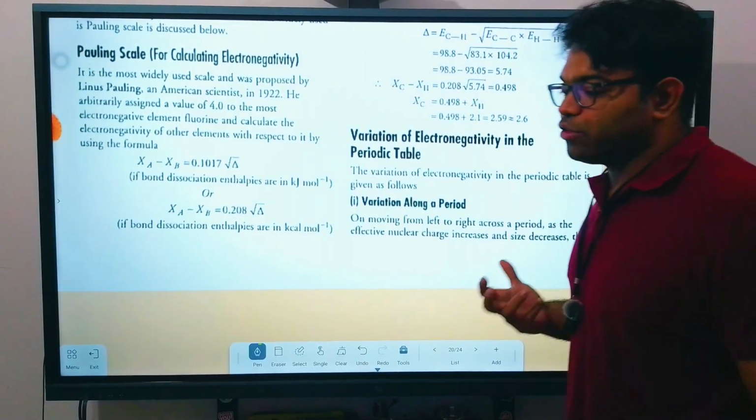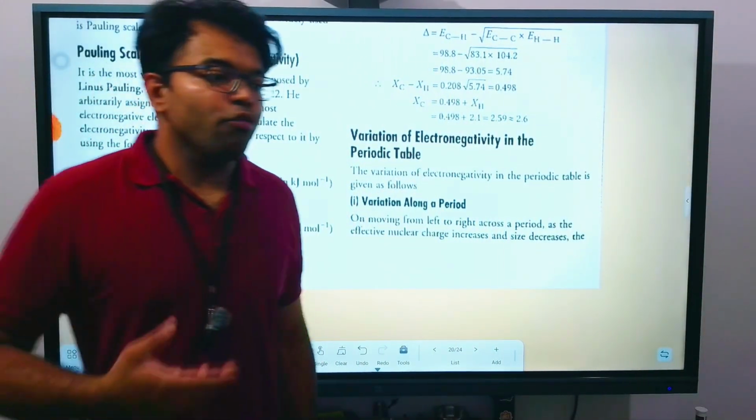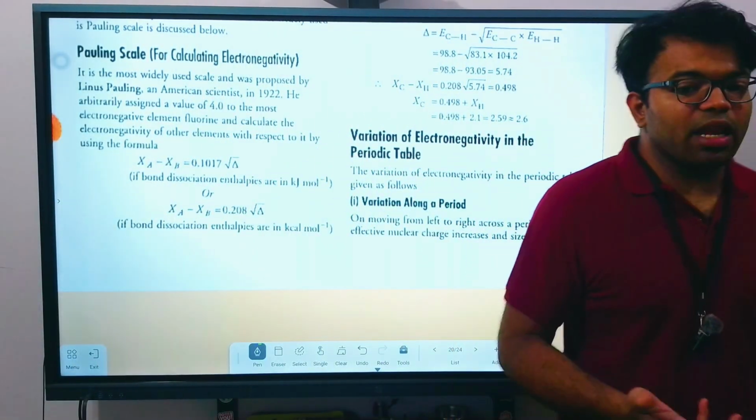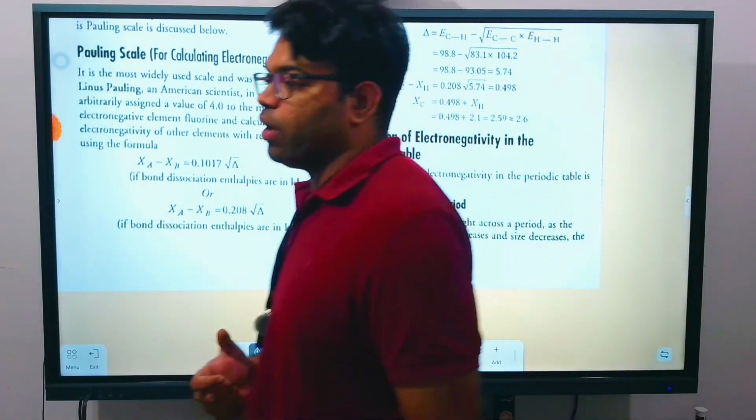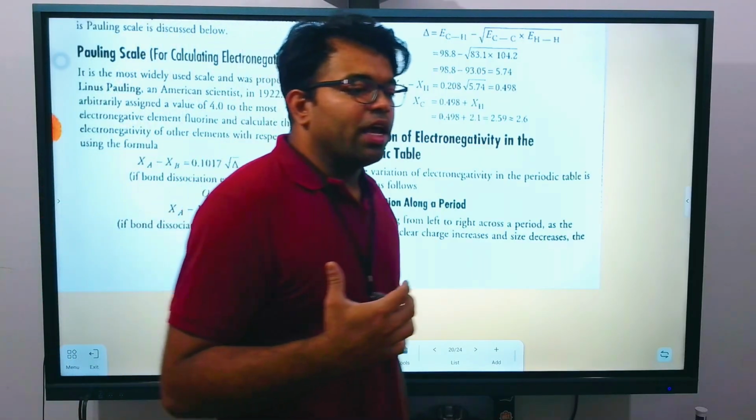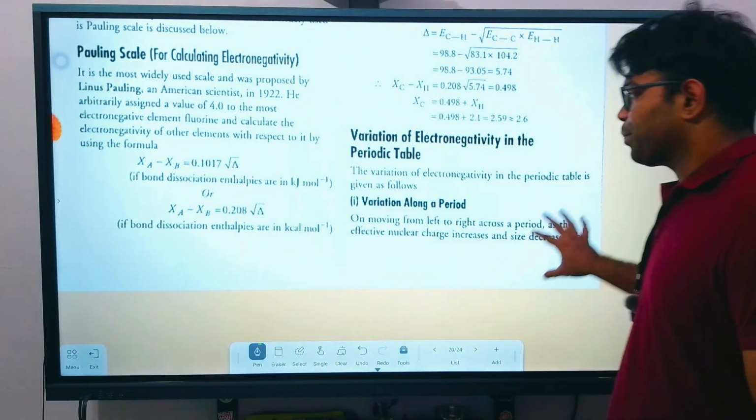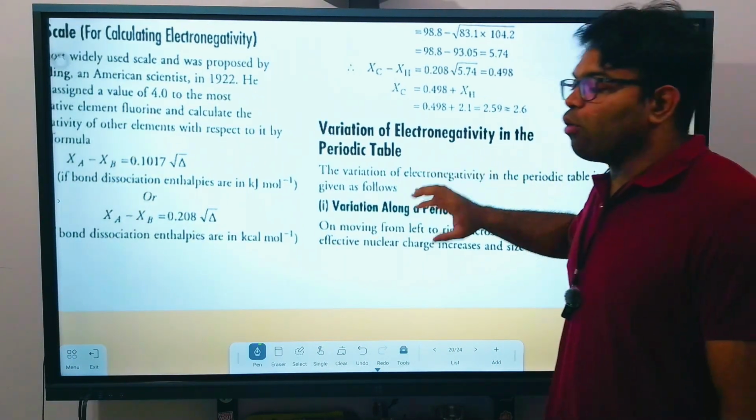I call it the selfishness trait. The selfishness trait of an element in a chemical bond to attract the shared pair of electrons towards itself is known as electronegativity. And we did the Pauling scale.